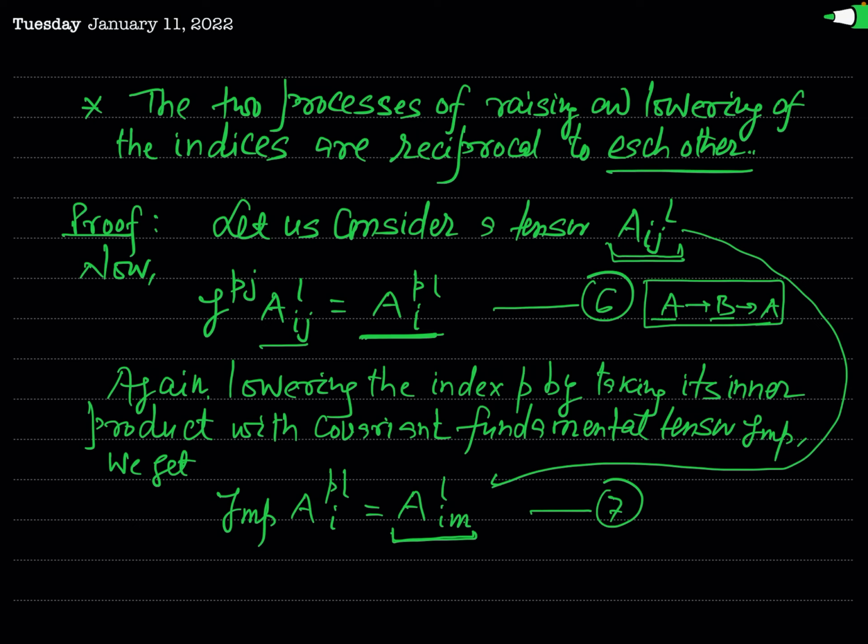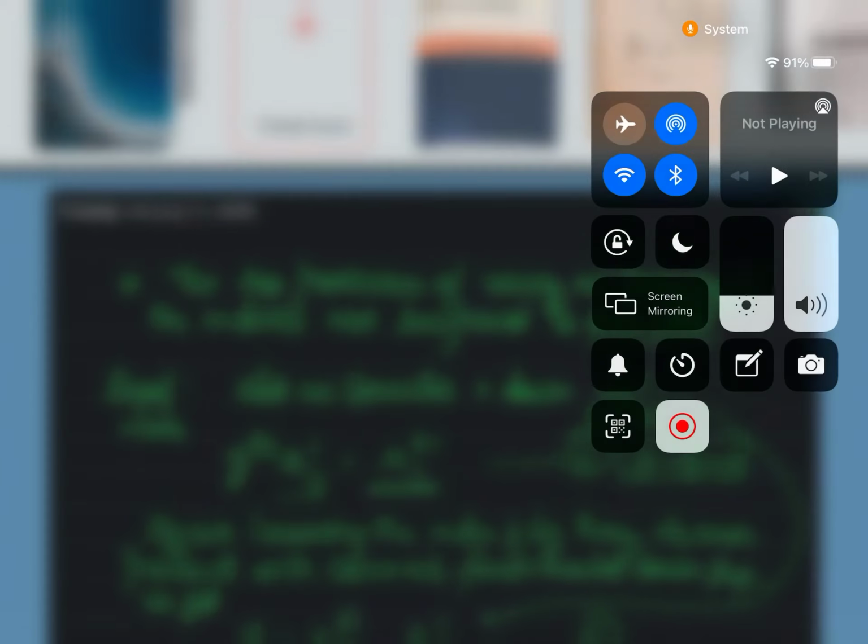And these two processes are reciprocal of one another. So in this lecture, we have discussed the associated tensor, and after this concept, in the next lecture, we will see some of the important problems related to the metric tensor.